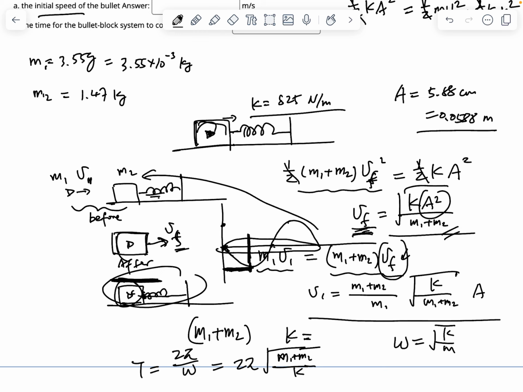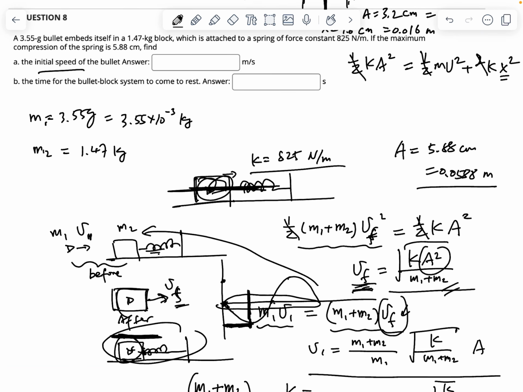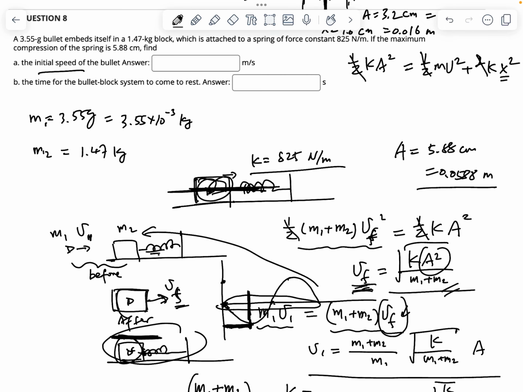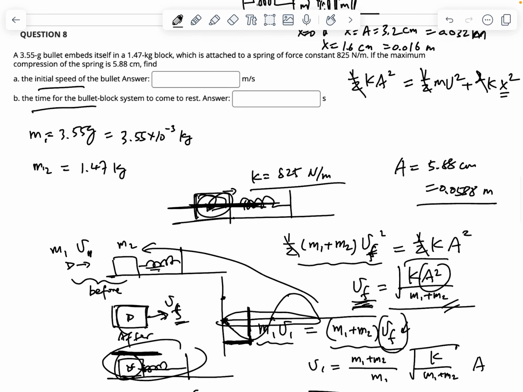Okay, when the bullet hits the block, it compresses the spring, right? Then you go back and forth. So this is a period, and it takes about 1/4 of the period for the block to stop. You see, they ask you for the time for the block system to come to rest.